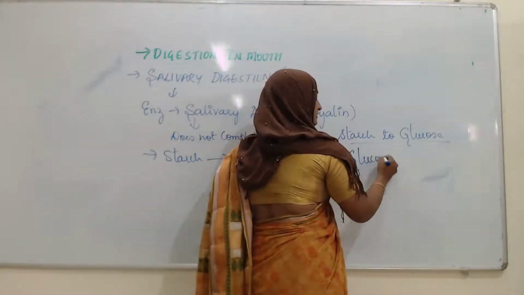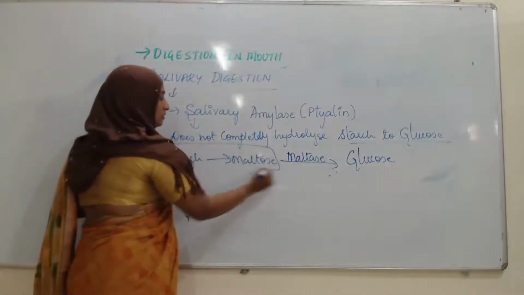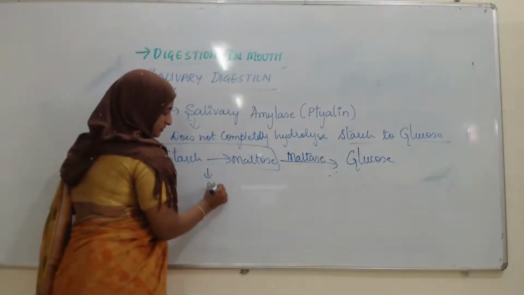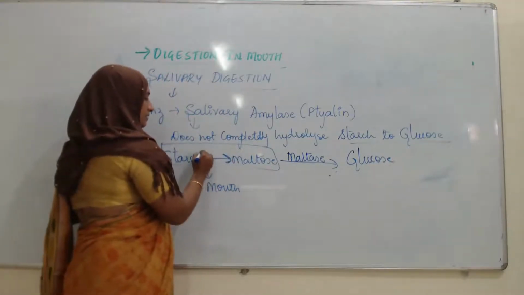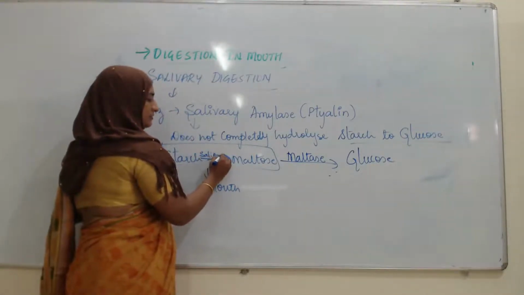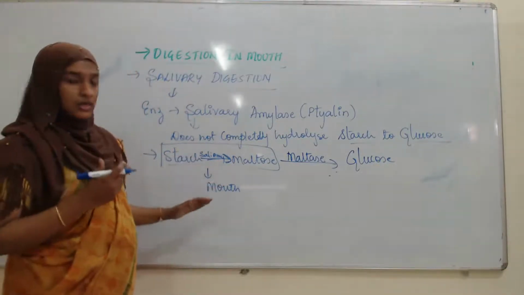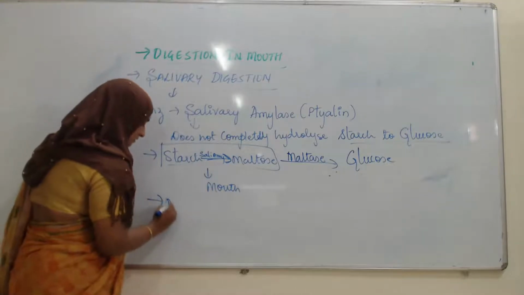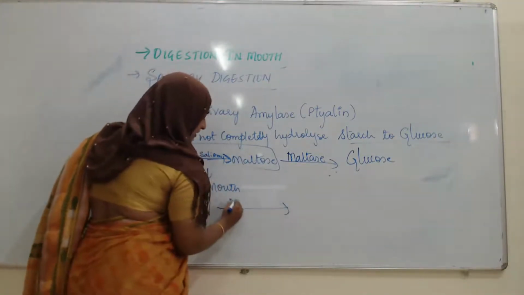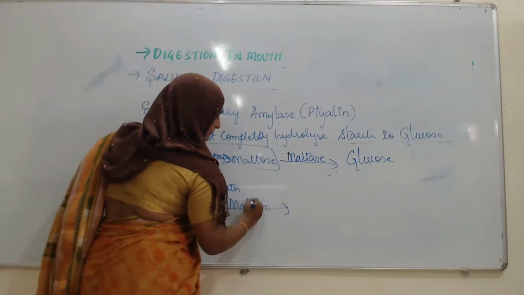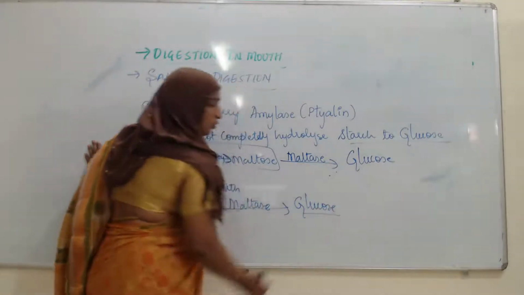But see here, the breakdown of starch into the maltose will take place in the mouth, in the presence of the enzyme salivary amylase. Okay, it is taking place in what? In the mouth. But this maltose gets hydrolyzed in the presence of the enzyme maltase, and it will form glucose.